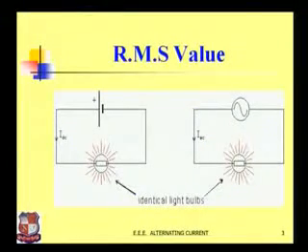As shown in the figure, the first figure indicates that we are connecting one bulb to the DC supply, and when the bulb is connected to the DC supply, some amount of current flows through the circuit, and due to this current some heat is produced and your bulb has some amount of brightness.